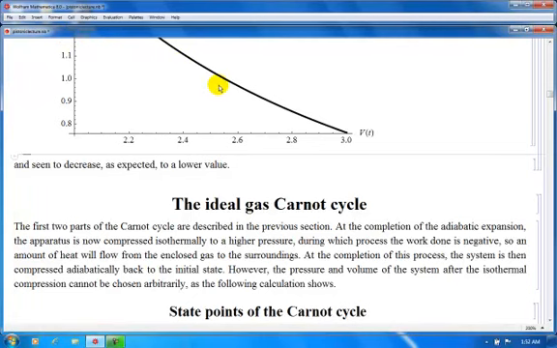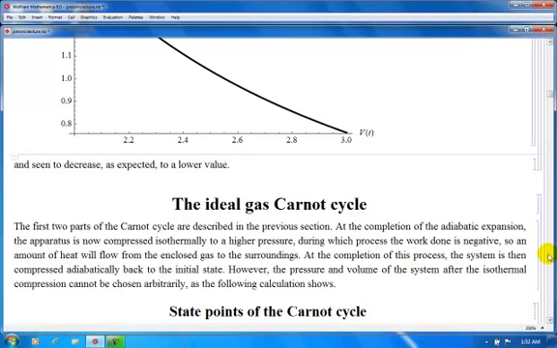And in that process, the internal energy of the gas has gone down, as we see here. Now we're going to do an isothermal compression in this lower energy state, followed by an adiabatic compression back to the original state. And that's called the ideal gas Carnot cycle.